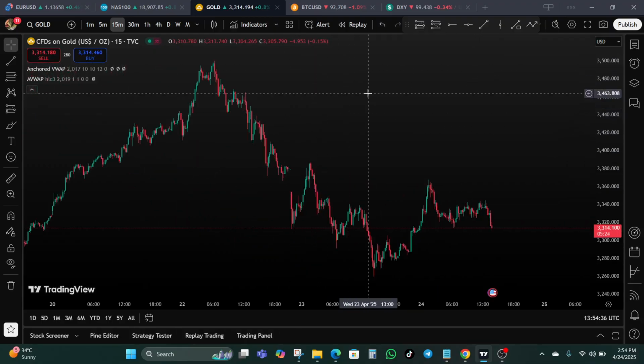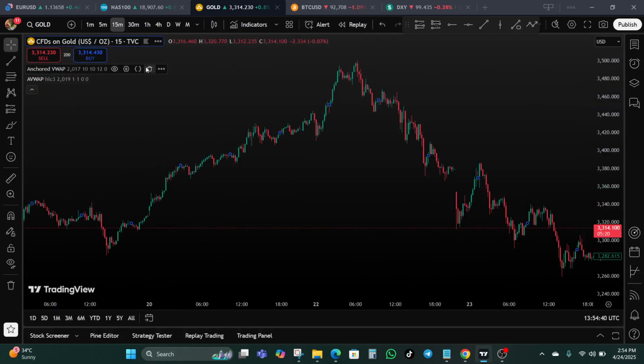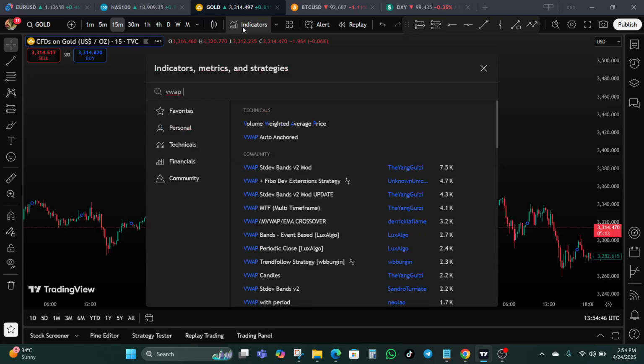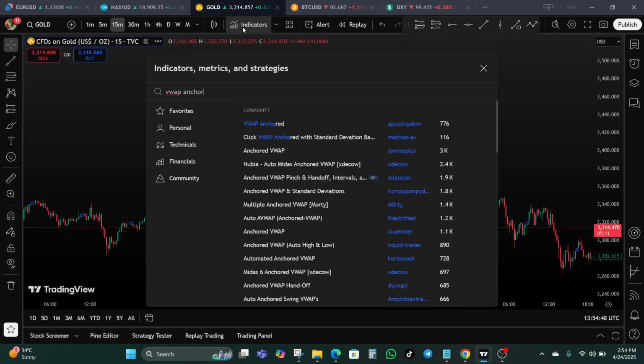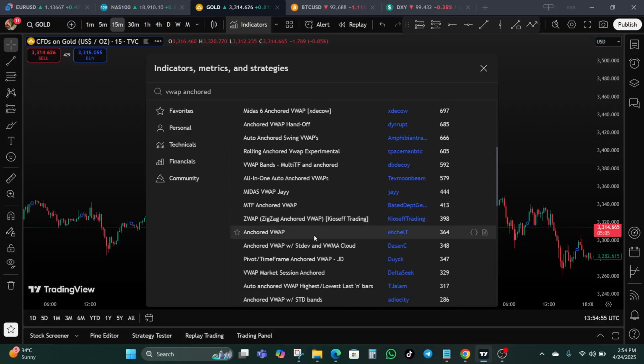Okay, I don't know if this particular version of the indicator is faulty. Let's just try out another. We know the TradingView platform has a whole lot of indicators available, and you might see several variations of a single indicator. So let's try this one out. All right, we're good to go.